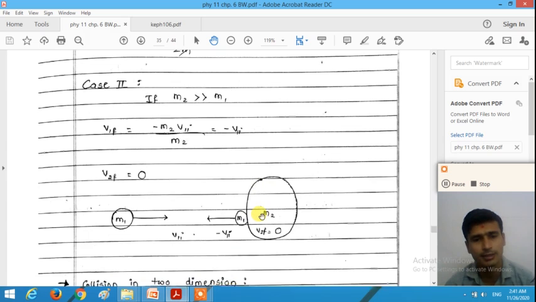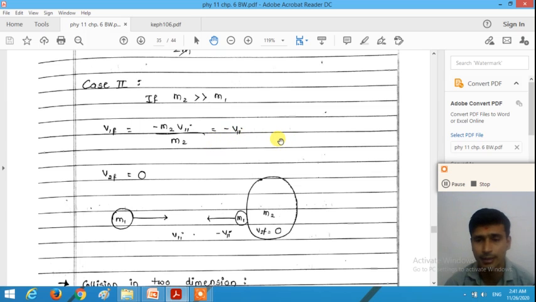Now case number 2, when the two objects are colliding with each other, the first object is very small compared to the second object, right? So here the object having a mass m1 has a very small mass compared to the object having a mass m2. Neglecting the mass of object 1 compared to object 2, we get the final velocity of the first object equal to minus m2 v1i divided by m2, which is equal to minus v1i.